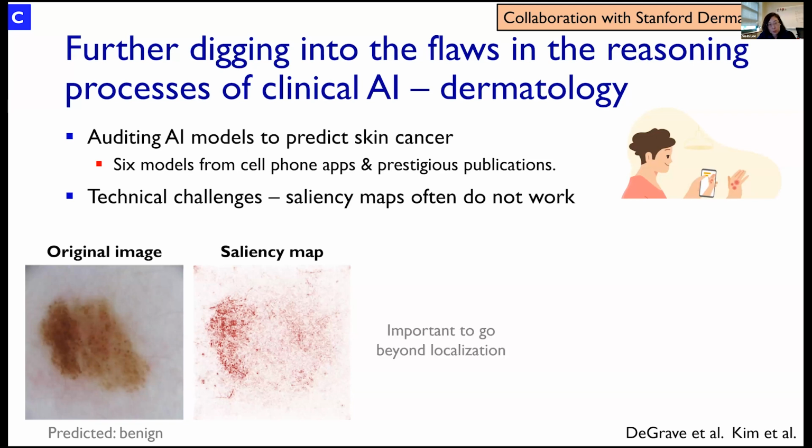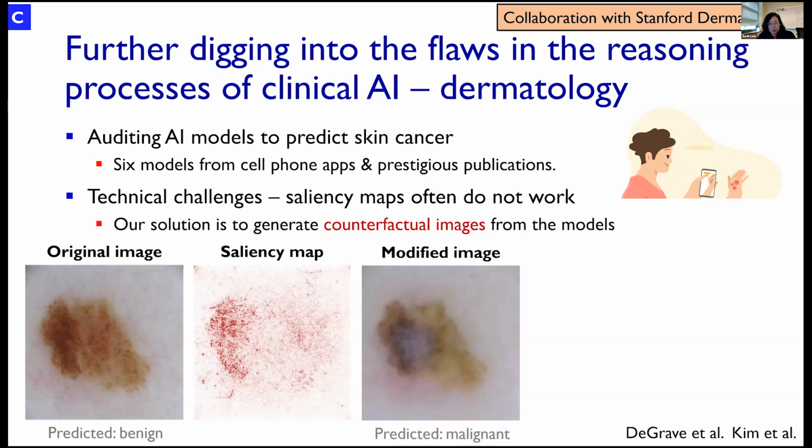But if you modify the image and create a counterfactual, such that the model thinks this is malignant, then you will see all these visual features. I learned a lot of dermatology terms in this project. In the middle of the image, there is this bluish part called blue-white veil, and overall there is multicoloration that usually indicates melanoma. Then you can see that this AI model was depending on these kinds of features.